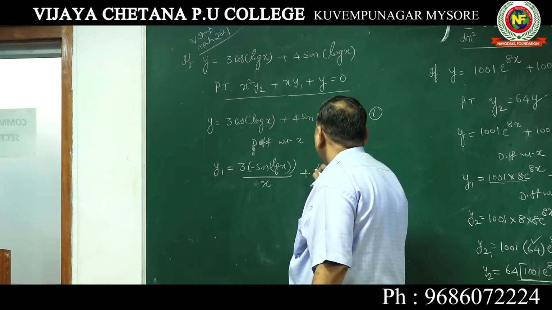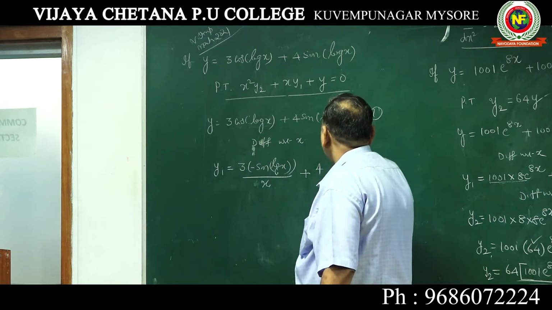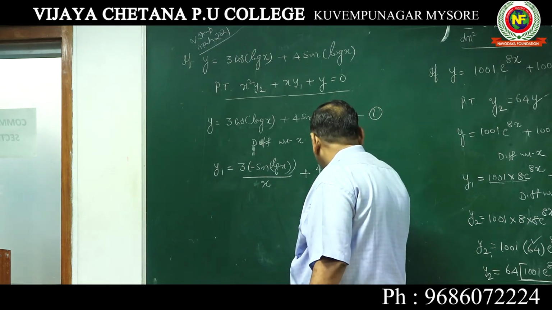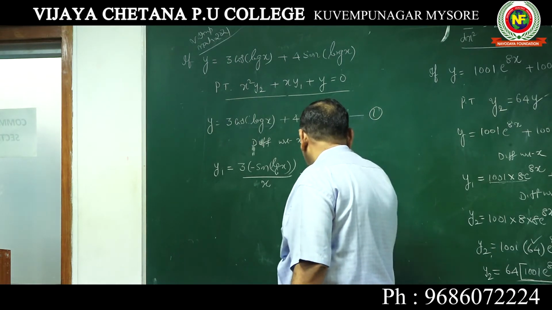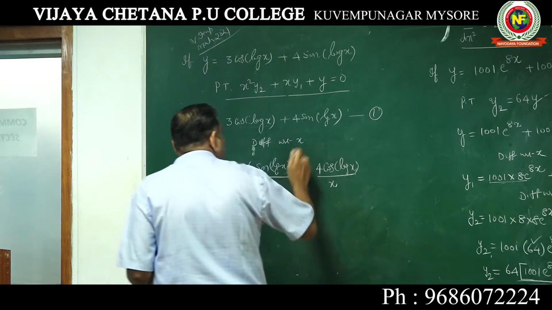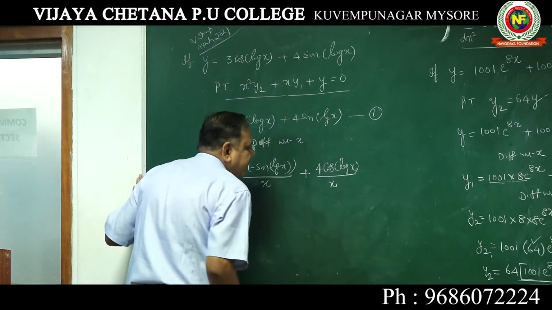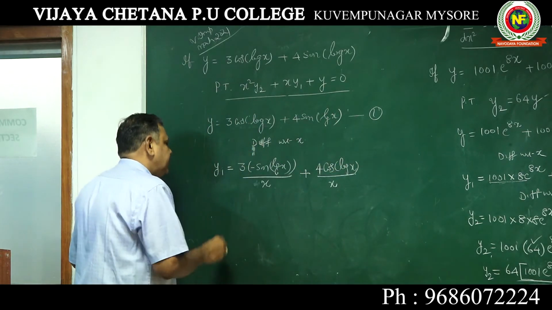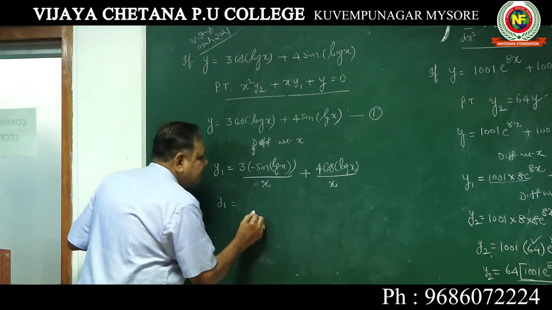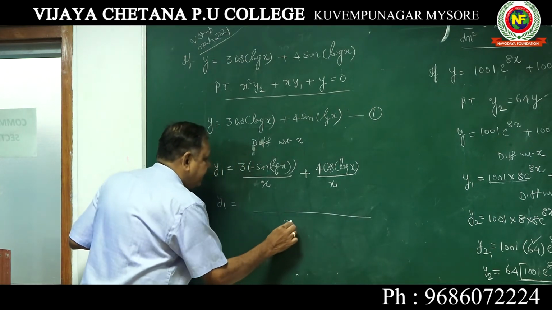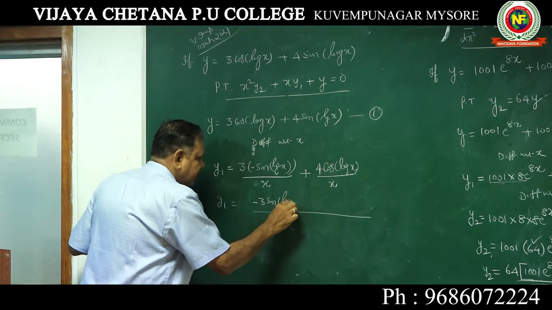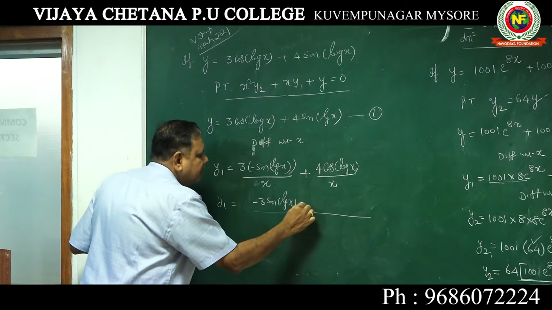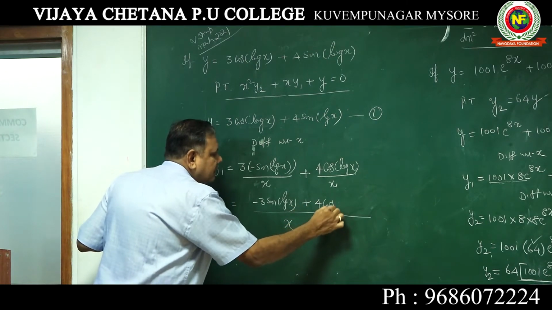Similarly here, 4 into sin log x, sin x, cos log x, divided by x. Very important again, 4 cos log x divided by x. Differentiating, y1 is equal to, take the LCM x, minus 3 sin log x plus 4 cos log x.